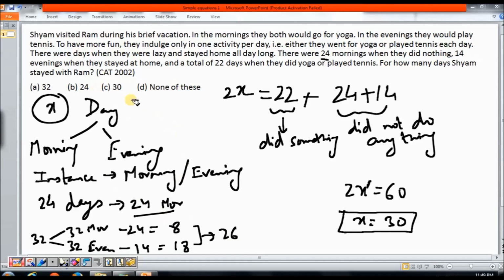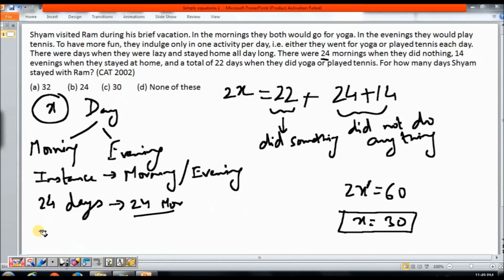24 we already tried. We can try 30. If I try 30 days, I will get 30 mornings and 30 evenings. Now out of these 30 mornings, they didn't do anything on 24 mornings, so they must have done something on 6 mornings.